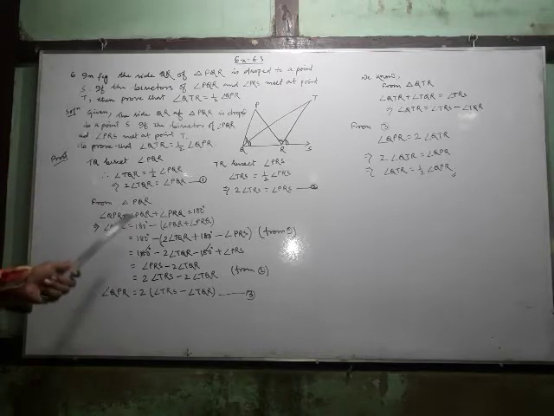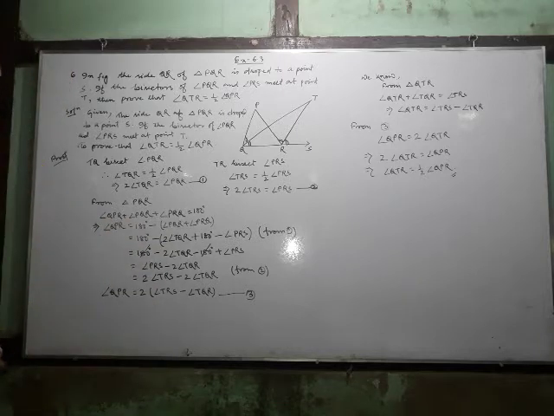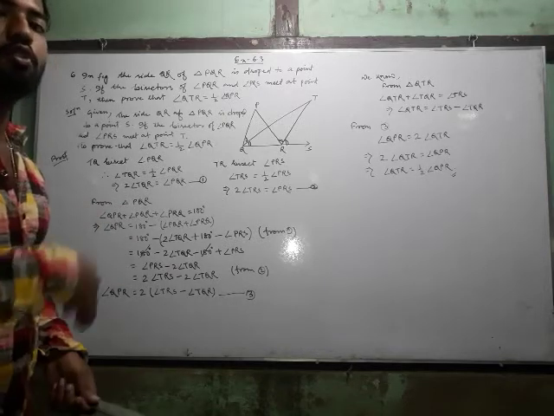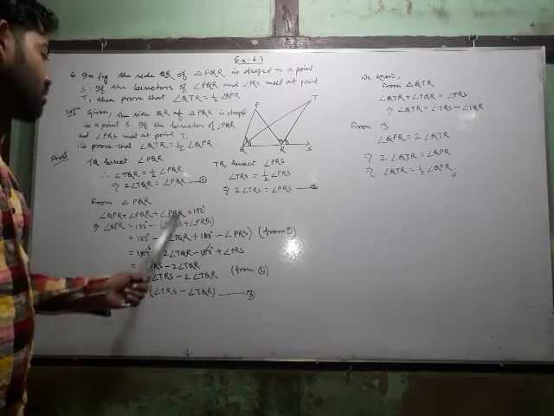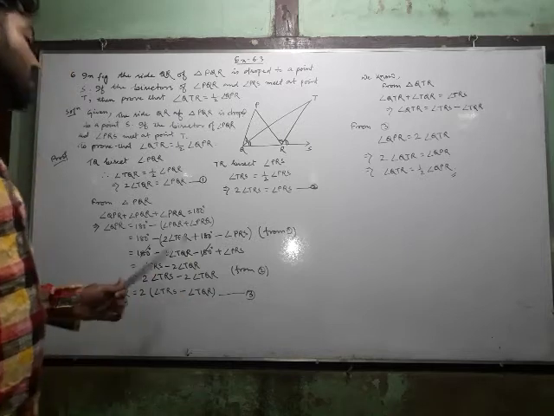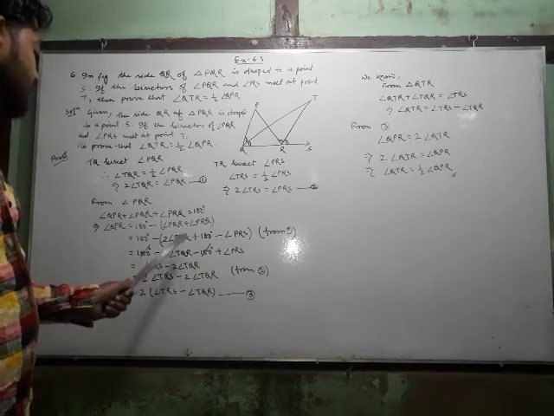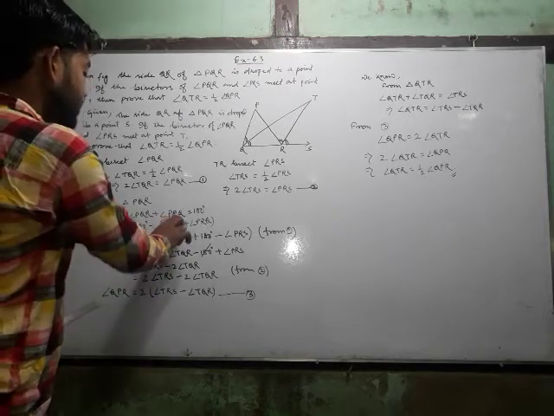In the triangle PQR, the sum of three angles is 180 degrees. We used the angle sum property here. Now if you keep only the angle QPR on the left side, the other two angles go to the right-hand side with a minus sign. If you take the minus sign common, within a bracket you can write angle PQR plus angle PRQ.